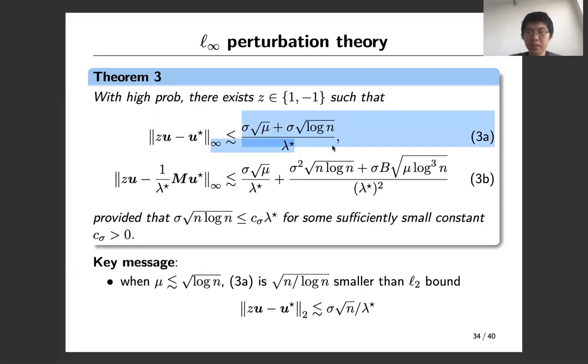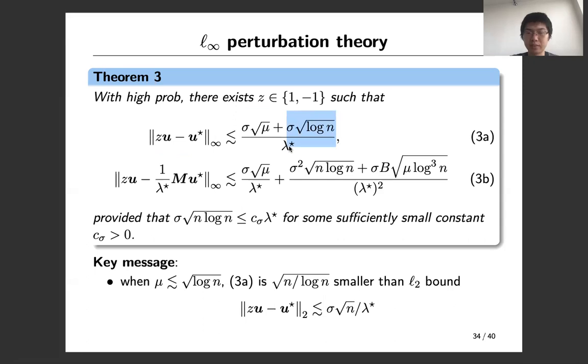Okay, so let's parse this theorem a bit. First, let's consider the case where mu, the incoherence parameter, is otherwise smaller than square root log n. Then the L infinity norm bound will tell us that it's upper bounded by just sigma times square root log n over lambda star. Sigma measures the size of the noise, and lambda star is the leading eigenvalue of the matrix.